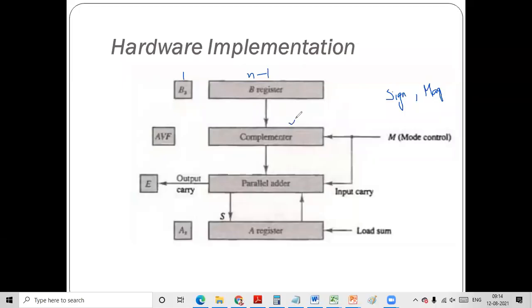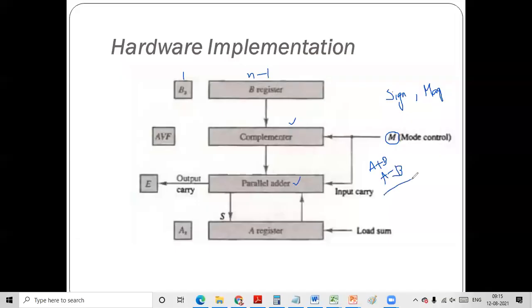After that, one complementer helps to get the complement of B register to perform the subtraction with the help of a parallel adder, whenever we require to use subtractor. Otherwise the mode control will decide to perform either A plus B or A minus B.